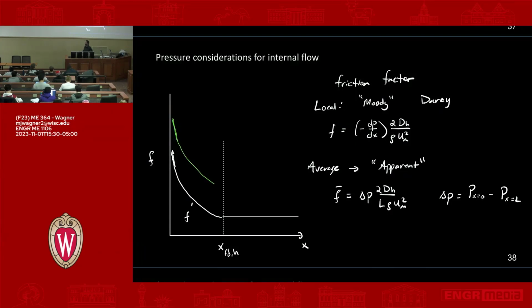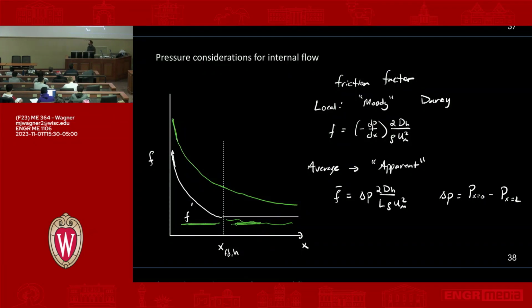But you're integrating everything from wherever you are back to x equals 0. Let's say we get to the point where it's fully developed. Is my average friction factor going to stop changing, or continue changing? It will continue going down. It will eventually converge or get close, but the average friction factor is always going to be a little bit higher than your local friction factor.